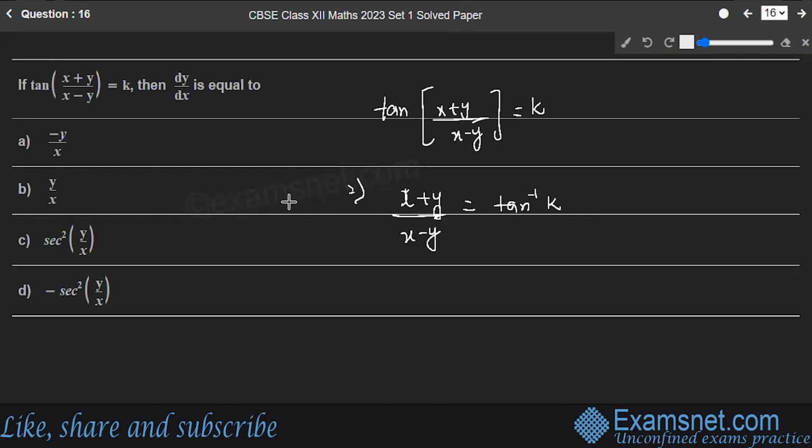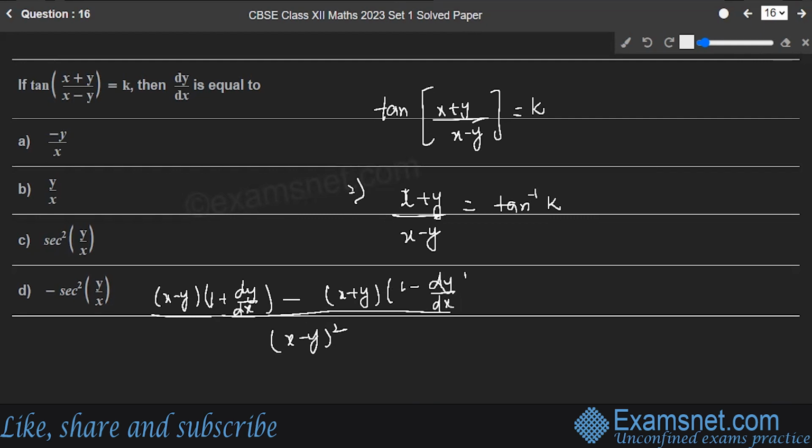Now differentiating both the sides with respect to x, we will get denominator square. Denominator will be written here. Numerator derivative. So this is equal to 1 plus dy by dx minus x plus y into derivative 1 minus dy by dx is equal to the derivative of tangent inverse k.